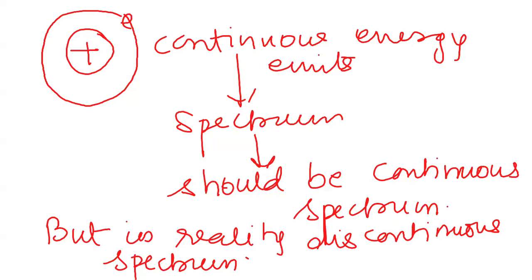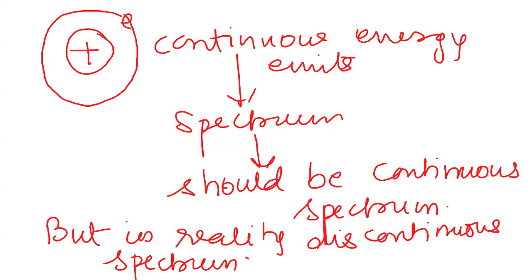He proposed the plum pudding model, and the statement that you gave was that the atom consists of a uniform sphere of positive charge in which electrons are present in some places. One limitation of that was that the mass of the atom is considered to be evenly spread over the atom. That question could come as an assertion and reason also, you told.